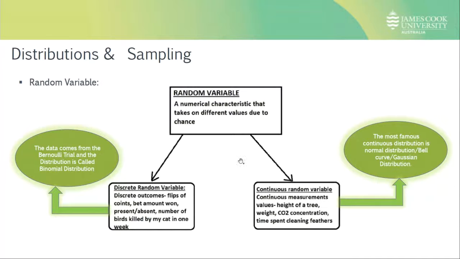So whenever we come to the distribution of the data, the discrete random variable's distribution is called the binomial distribution, and the data comes from what is called a Bernoulli trial.